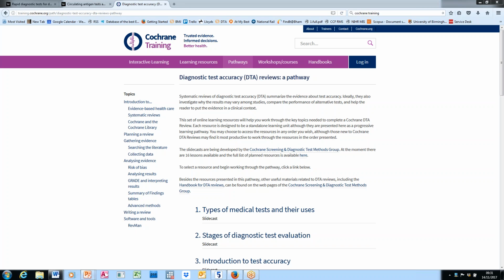I imagine that the options in your settings are probably different from some of the ones we see in the UK. So it would be really good for you to come up with some choices which are important for low and middle income country settings as to what technologies you're choosing between, because that's going to be quite different around the globe.